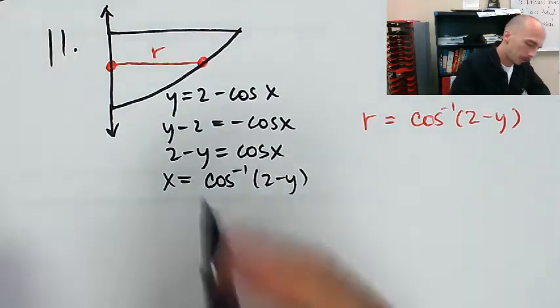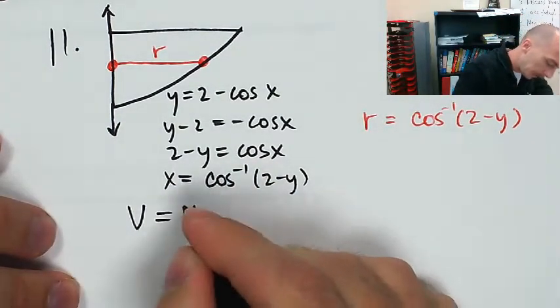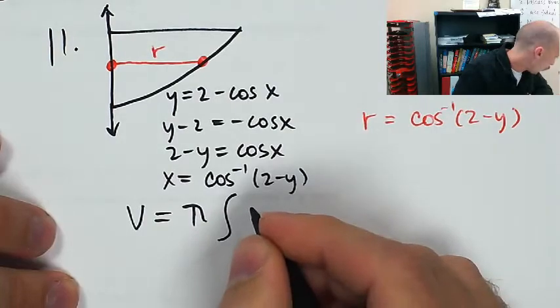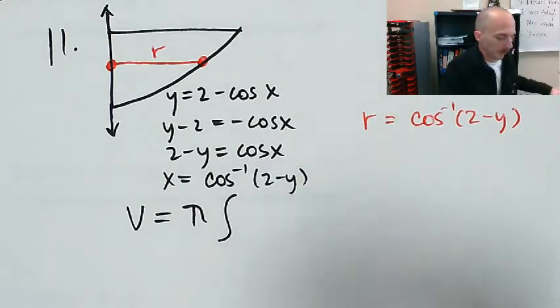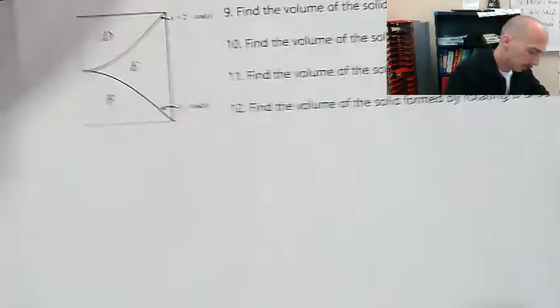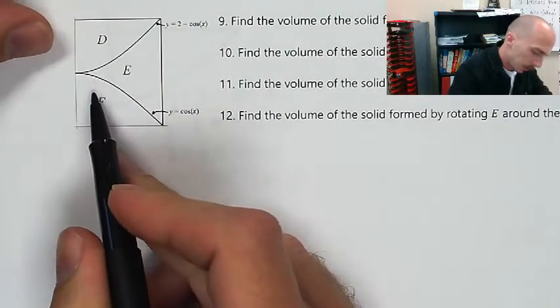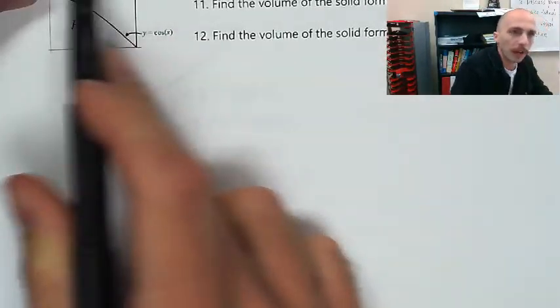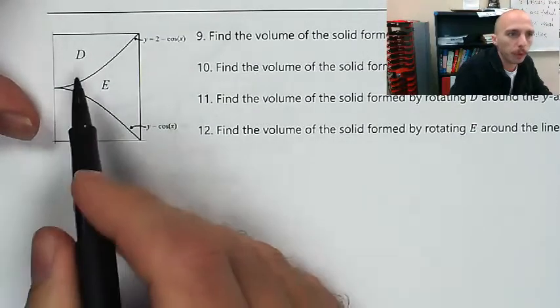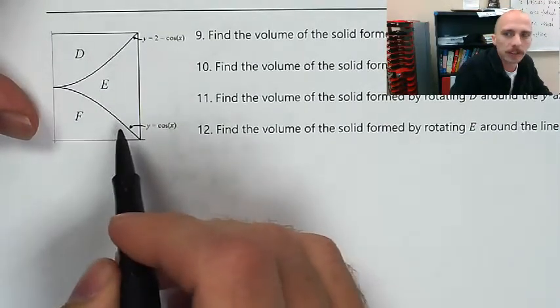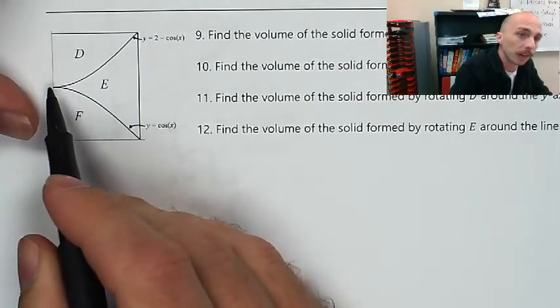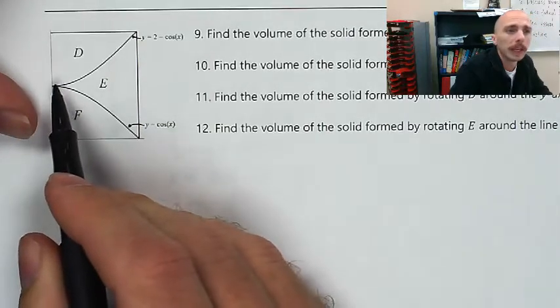All right. Now my volume is going to be pi times the integral from y equals, okay, on this diagram I think it's a little easier to see. We said that was the line, I already told you that was the line y equals 2. This is y equals cosine x here, so it starts at x equals 1, and then you can see by the symmetry, that's going to be y equals 2.